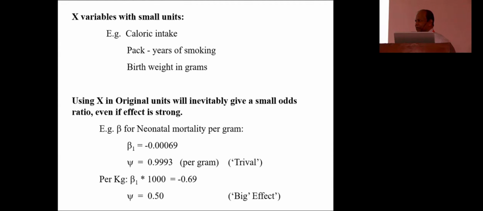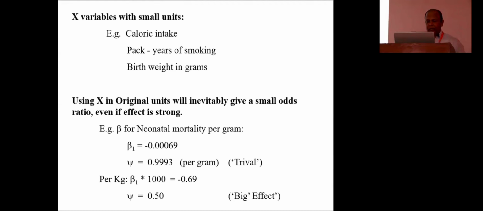Calories are measured in grams. What is the interpretation? If 1 gram change in your calorie, what is the probability of getting disease? It has to be very, very tiny, isn't it? So therefore, the odds ratio has to be very, very small. We don't know whether it's an important effect or not. If I say there's a 500 gram change in your X variable, what is the corresponding change in your odds ratio? Then it makes sense, okay?